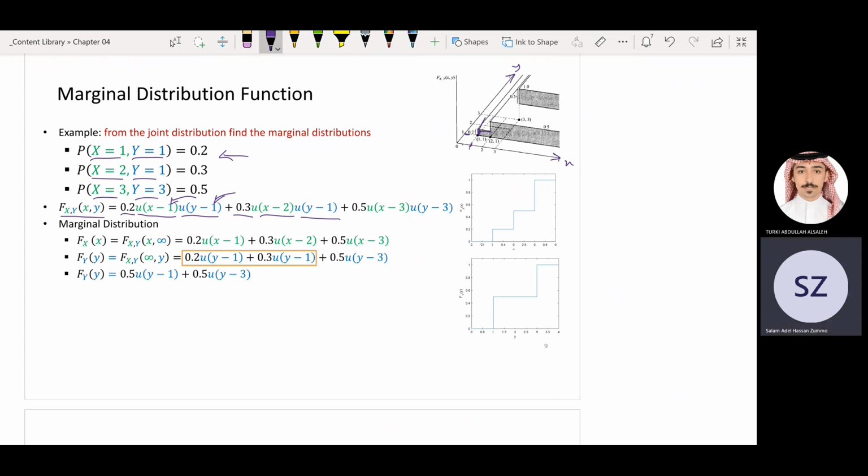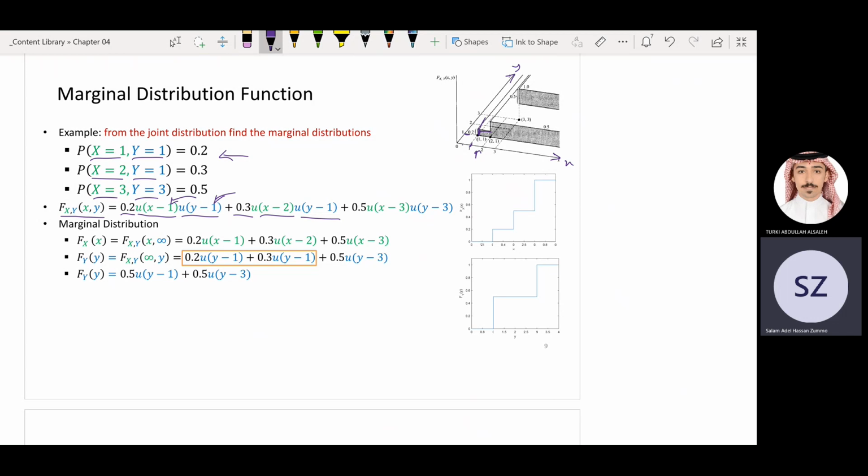Now between x equal 1 and x equal 2, and y equal 1, what is the value of this probability? Between here and any point between x equal 1 and 2, the same probability stays. When we ask what is the probability that x is less than or equal 1.5 and y less than or equal 1.5?